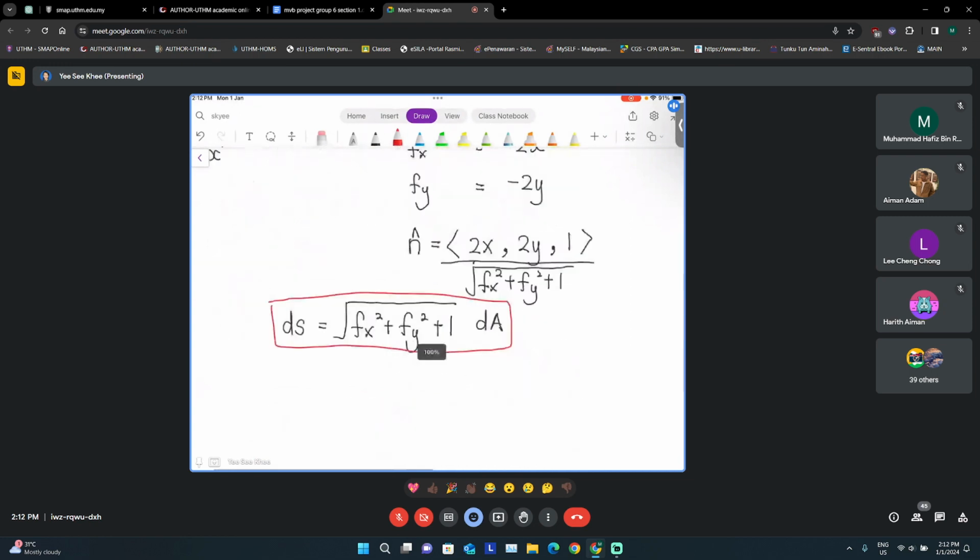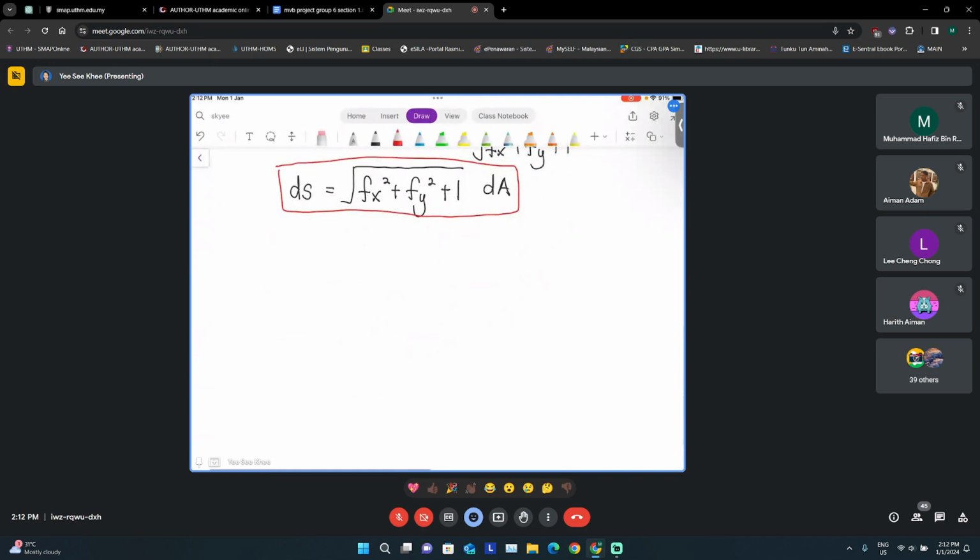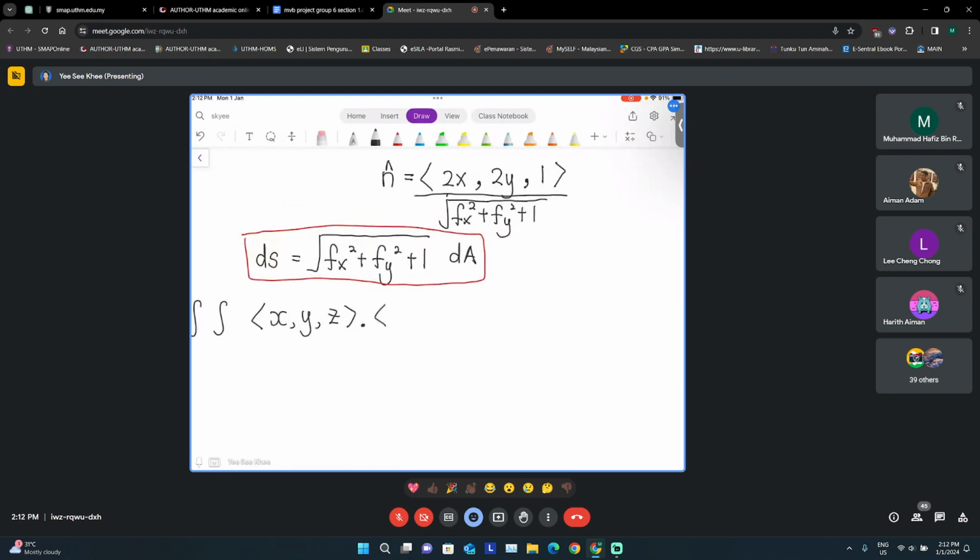I will write it again so that you have a better imagination. So what is F? Our F is x, y, z, and dot product with this n: 2x, 2y, 1, and this one.